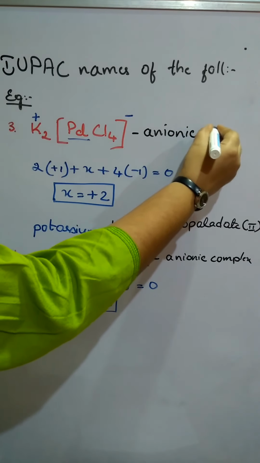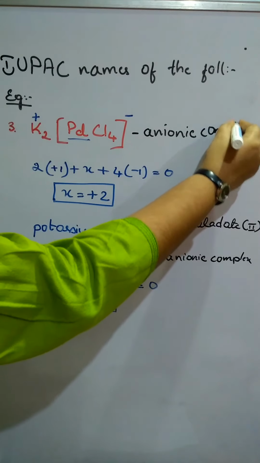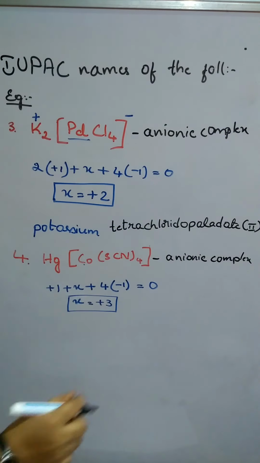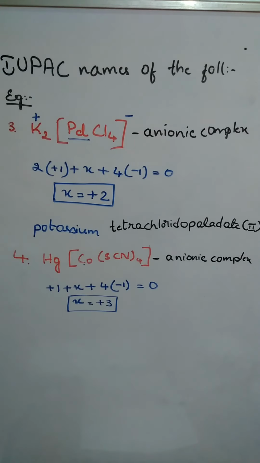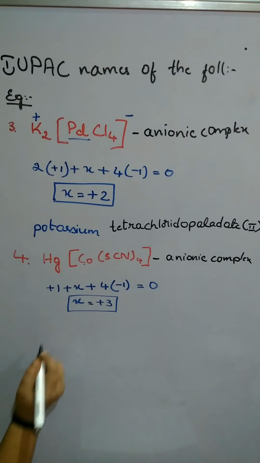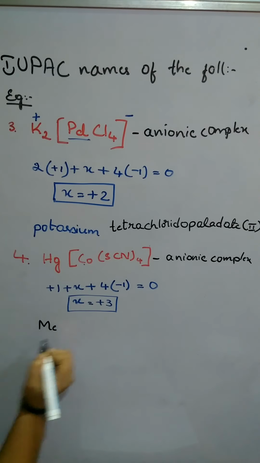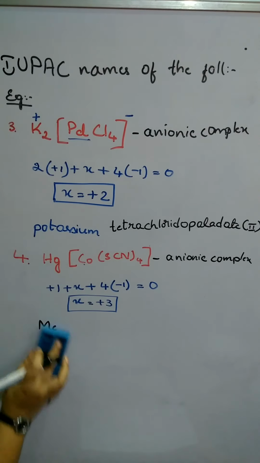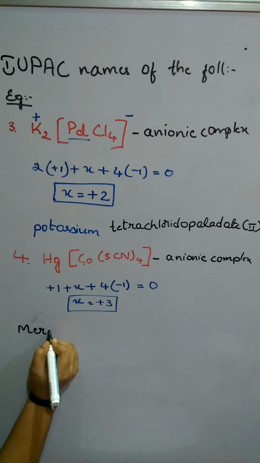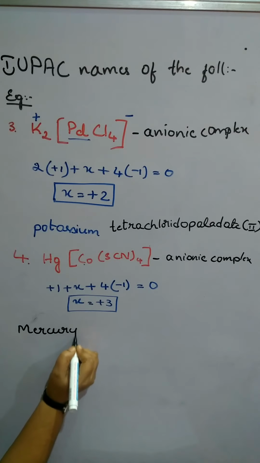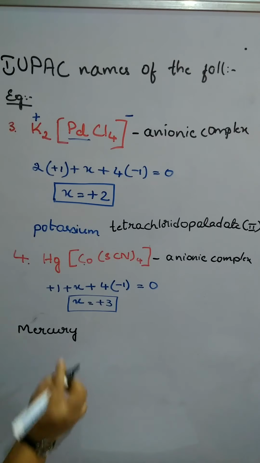If it is anionic complex, we know that the name of the metal should end with ATE. So after that, within bracket, oxidation state of the metal in Roman numbers has to be mentioned. So we shall start to write the name of it. So it is mercury as it is. Mercury space.